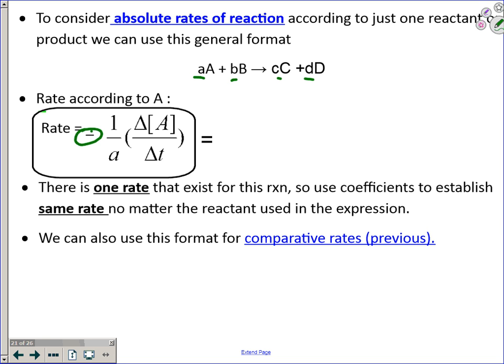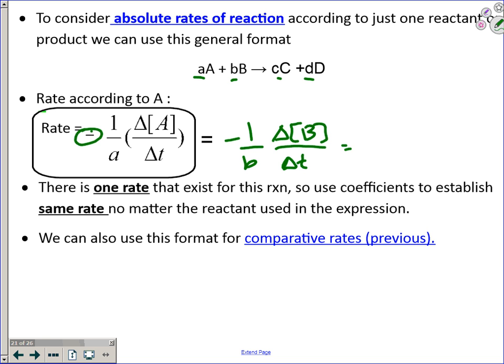So if I said this was true for A, what would be true for B? Write the rate for B. Negative 1 over lowercase b times the change in concentration of B over change in time. So you're just modeling the same way. So we're just writing the rate with respect to each reactant, each product. Keep going.